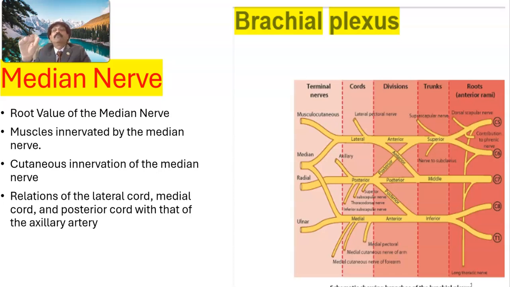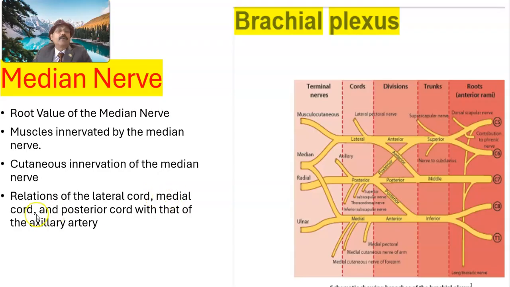The median nerve also picks up sensation from the nail bed on the dorsal side of the thumb, index finger, and the middle finger, and partly half of the ring finger, nail bed area.